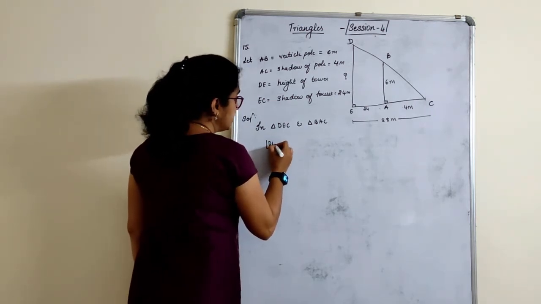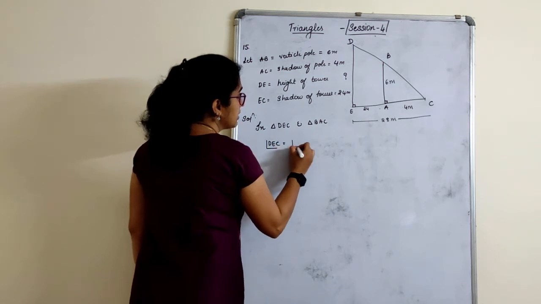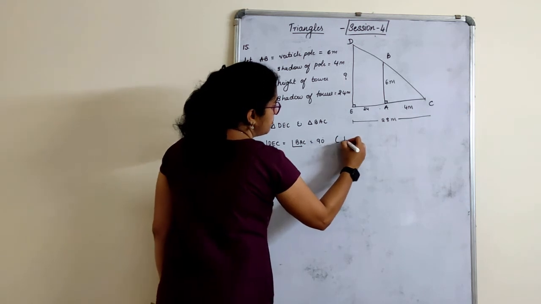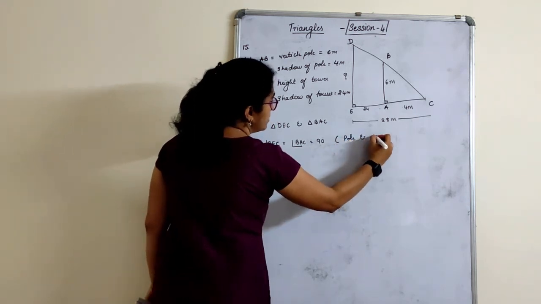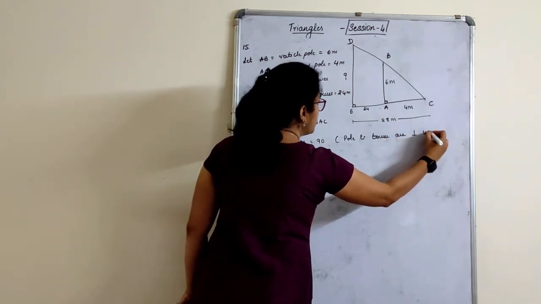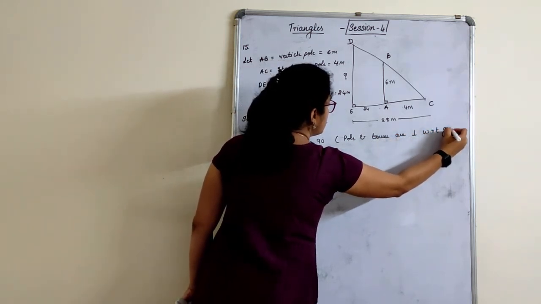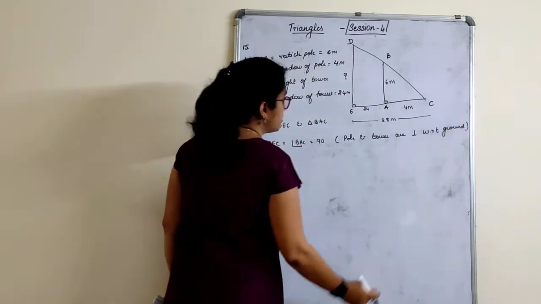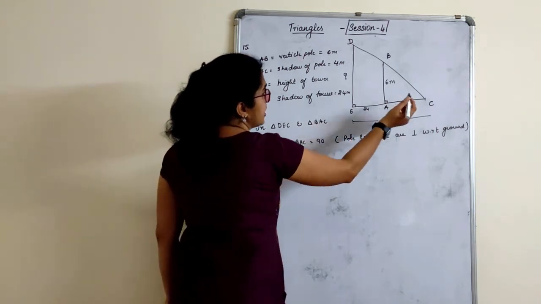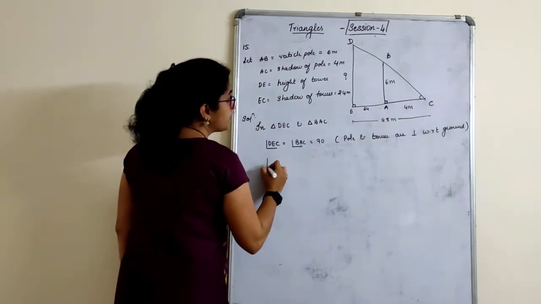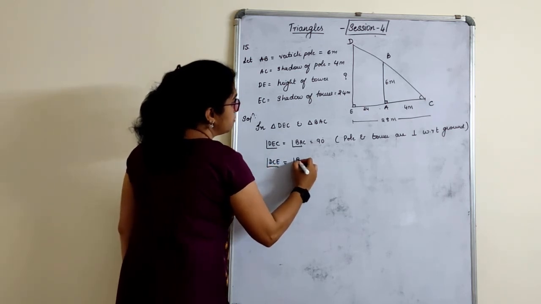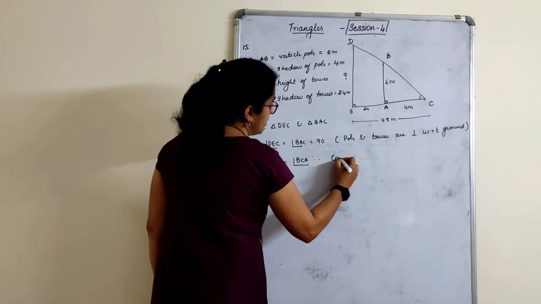So angle DEC is equal to angle BAC is equal to 90, as the pole and tower are perpendicular with respect to the ground. That is different if the pole is erected standing up with a slant, but that cannot happen. Then can I tell that this is a common angle for both? Angle DCE is equal to angle BCA, common angle.